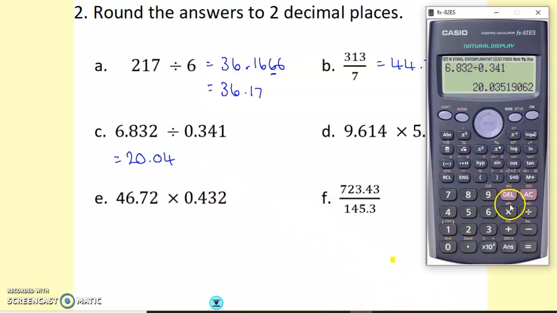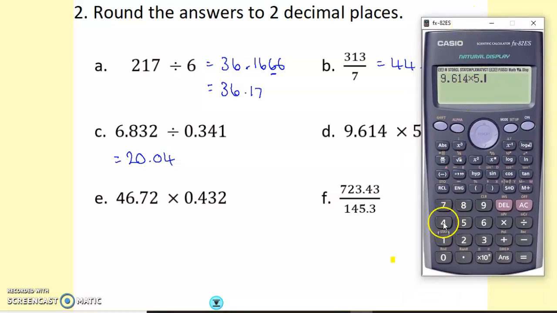D, 9.614 times 5.472. 52.6078, so there's my third number after the point. It's going to push that 0 up to a 1, so we get 52.61.